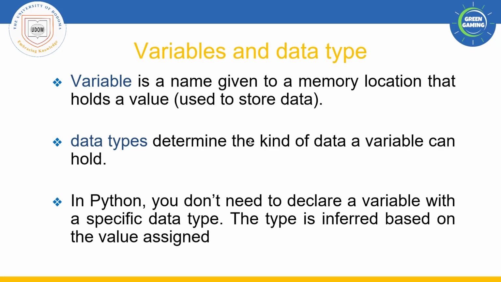If you set your value to be a string or character, that means your variable is of a string data type. You just don't declare it, but it is there, right? So in Python, you don't have to declare a variable's data type. If you do such a thing, it will cause an error. But behind the scenes, the Python programming language has a mechanism to know what kind of data is inside your variable, based on the value you assign to it.